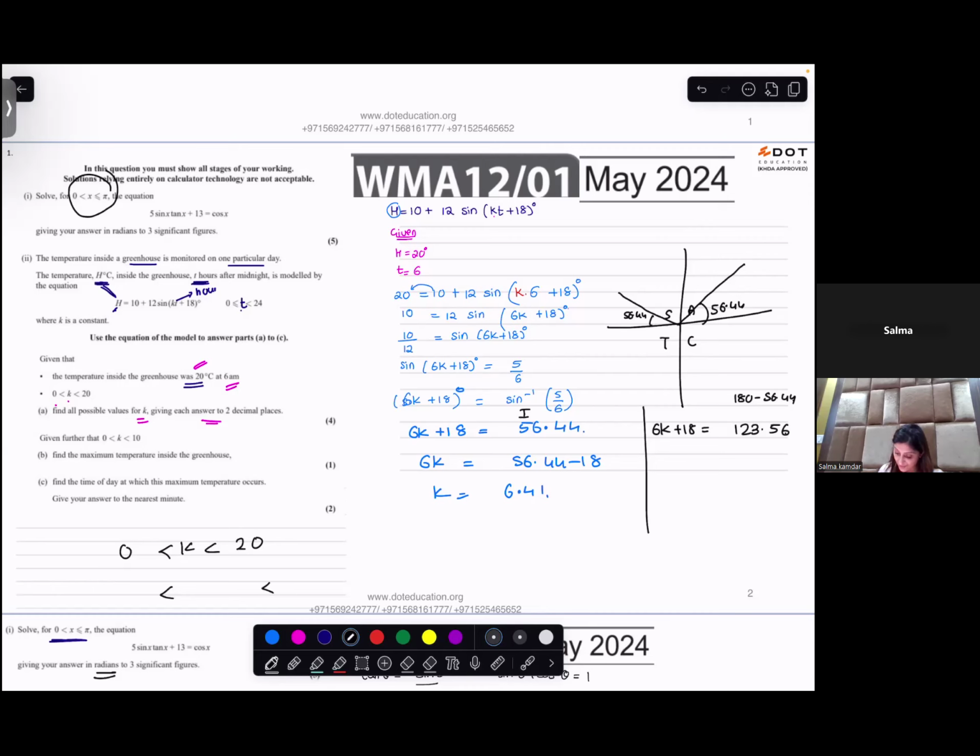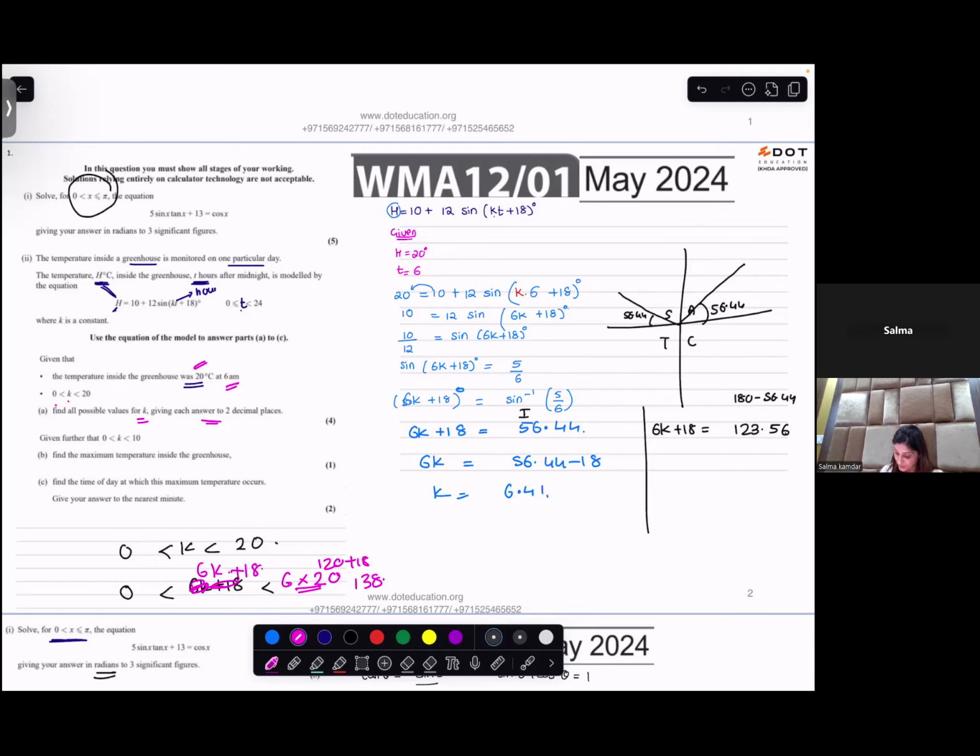I will also change the range, which makes it 6k plus 18. This would be 0 only, but this 20 would be 20 plus 18. So this was k, and this was 20. Now if I do 6k, I would do into 6. So 20 into 6, it's 120 plus 18, so 138.